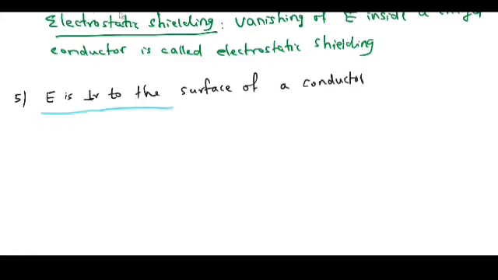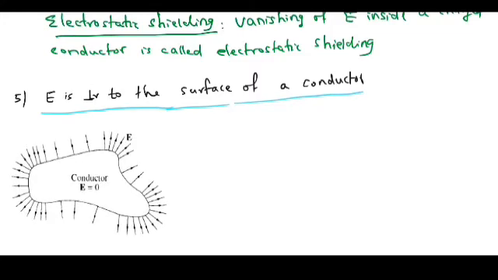When a conductor is placed in an external electric field, positive and negative charges are induced, and as a result, the net electric field inside the conductor will be 0, and whatever charge is present in the conductor will go to the surface of the conductor. Because of mutual repulsion, the charges naturally spread out as much as possible.